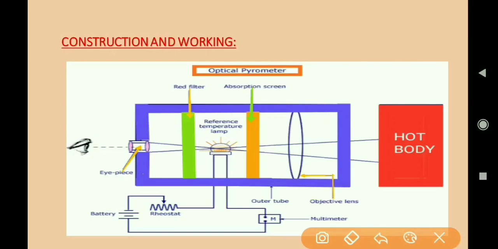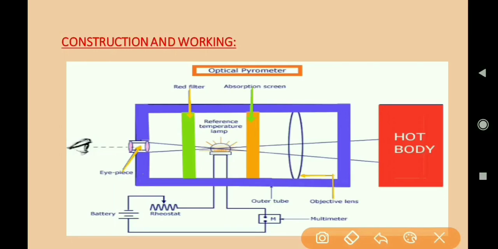Inside this tube there is a reference temperature lamp. This reference temperature lamp is placed in between the red filter and the absorption screen. Inside this lamp there is a filament. This filament is connected with the battery, rheostat and multimeter.